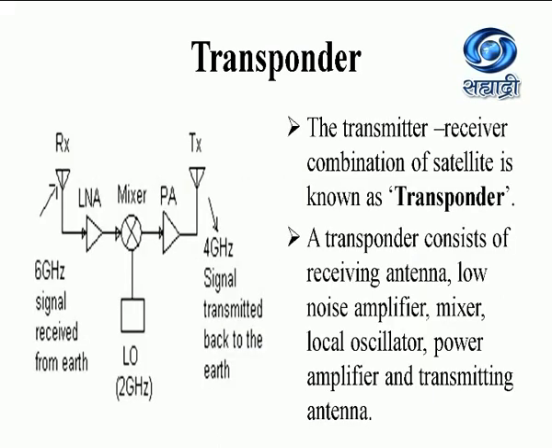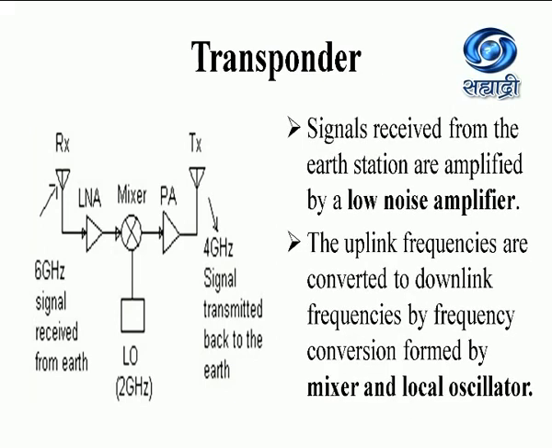The transmitter-receiver combination of a satellite is known as transponder. A transponder consists of receiving antenna, low noise amplifier, mixer, local oscillator, power amplifier and transmitting antenna. Signals received from the earth stations are amplified by the low noise amplifier, and the uplink frequencies are converted to downlink frequencies by frequency conversion performed by mixer and local oscillator.